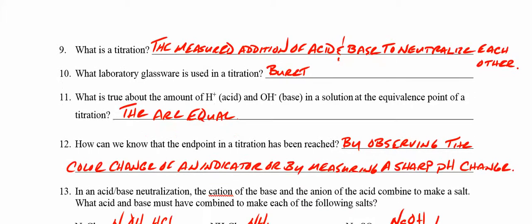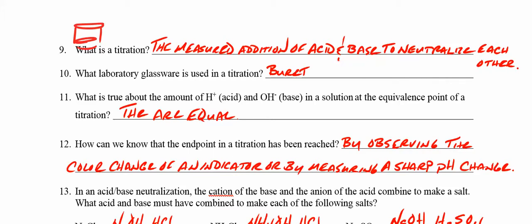Number 9, what is a titration? The measured addition of an acid and a base to neutralize each other. So generally speaking, what a titration kind of looks like is we'll have either an acid or a base in a beaker like this, right? And the acid or the base is in the beaker. It is of unknown molarity, but we do know the volume.